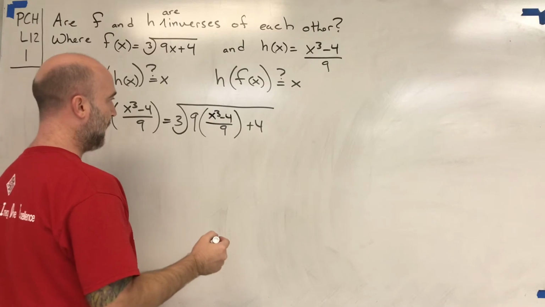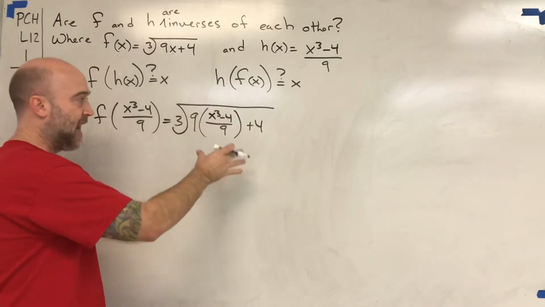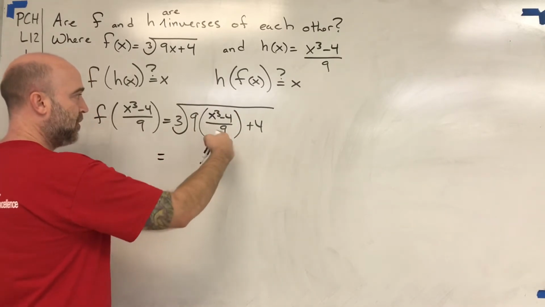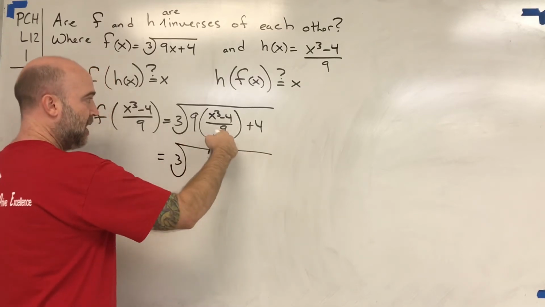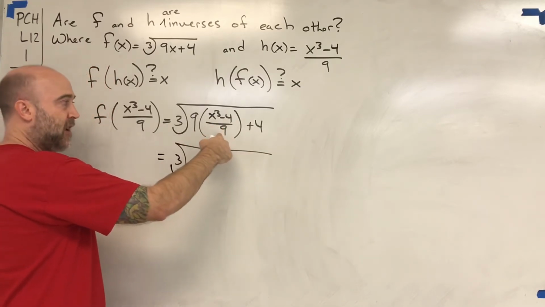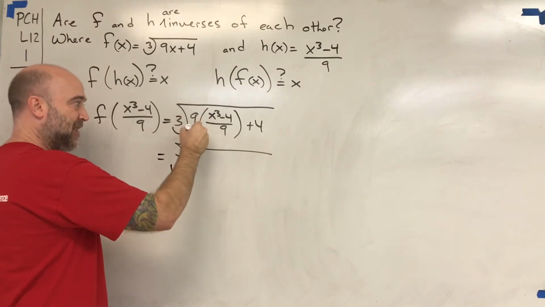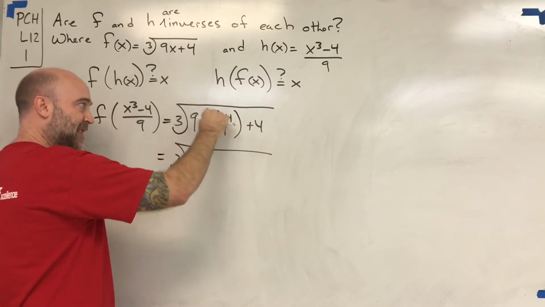Okay, well, I need to simplify all of this out. It looks like I take care of what's inside first. So this is equal to, I still have the cube root over everything. This is a denominator of 9, this is a multiplier of 9, so they cancel. Remember, that's like 9 over 1, so it's a 9 on top here, and the 9s cancel.